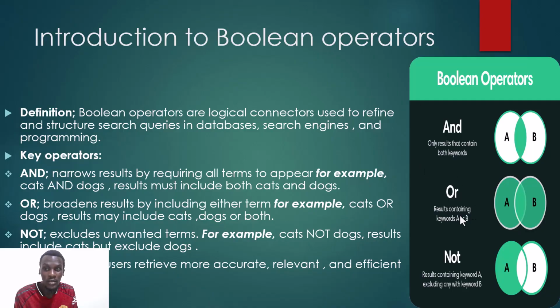So when you use OR, it will give you the whole thing. It will give you cats alone, dogs alone, and then cats and dogs. It will give you everything. Then when you say cats NOT dogs, you'll only get cats, nothing about dogs, and nothing about cats and dogs, only cats. Alright, let's move to the next thing.